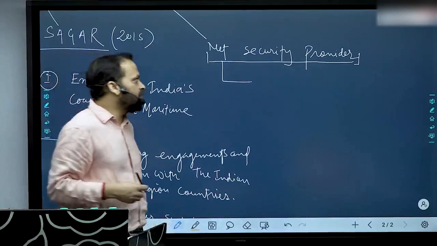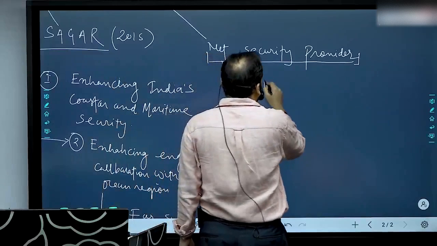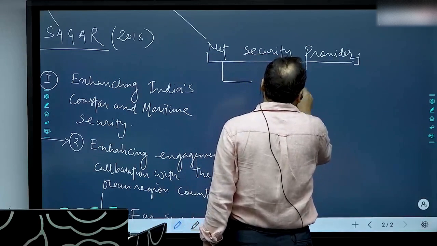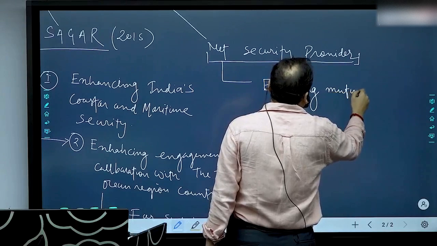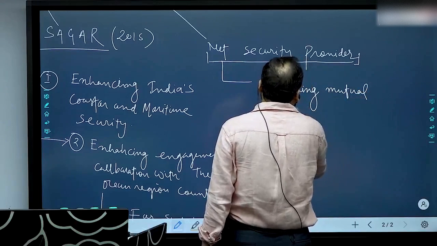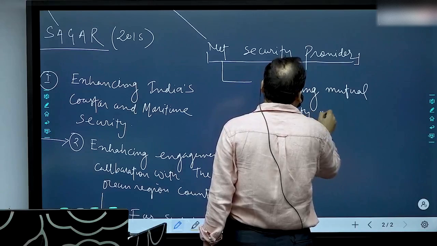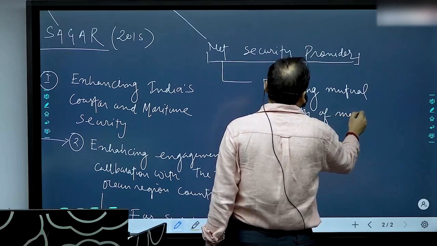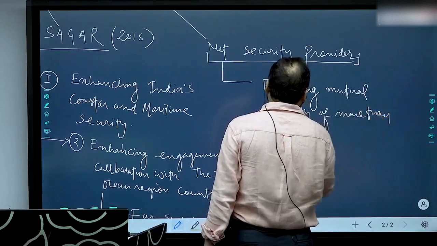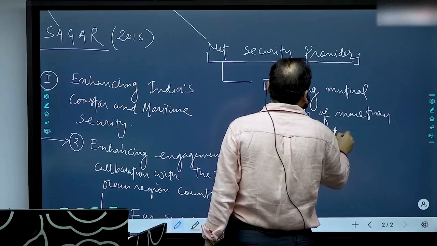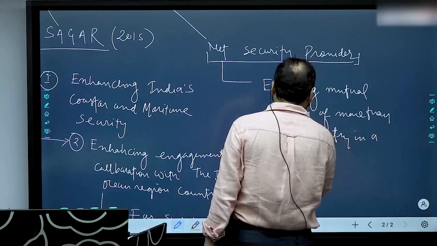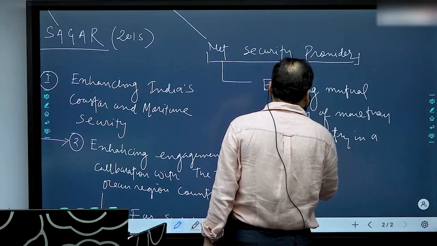In other words, it means ensuring mutual security of more than one country in a region.